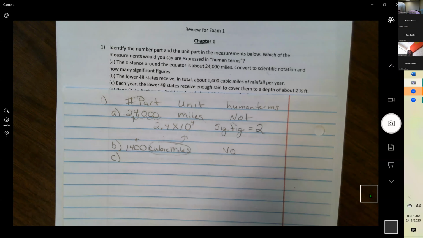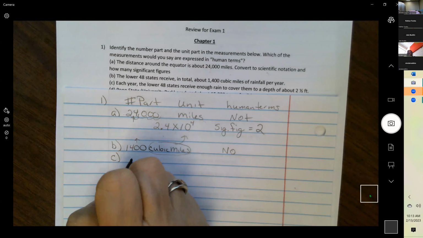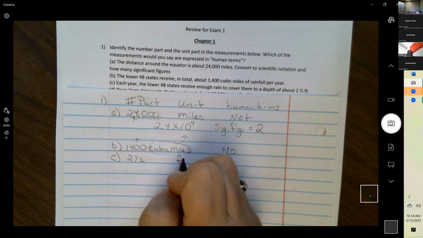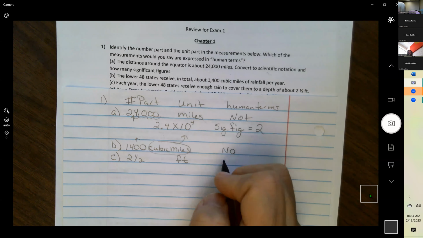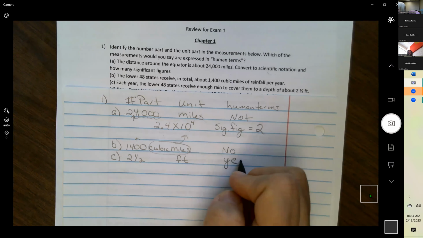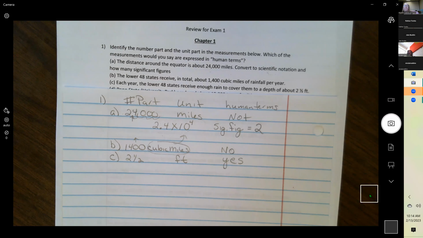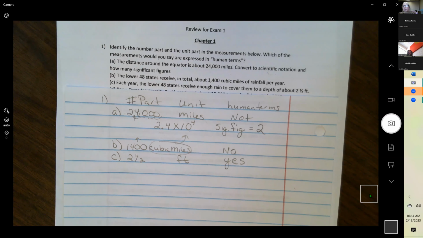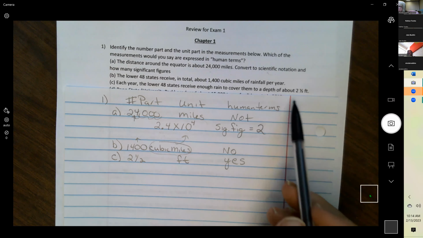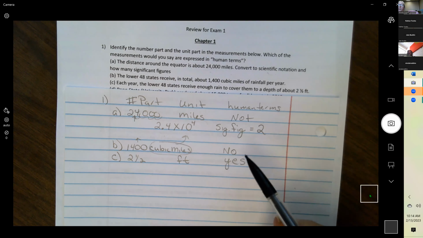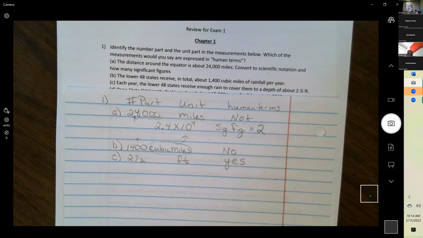So the part C then, 2.5 is the number part. Feet is the units. And yes, it's in human terms. It's a number between 0.01 and 100. And you can visualize 2.5 feet, almost a yard. Any questions on that?